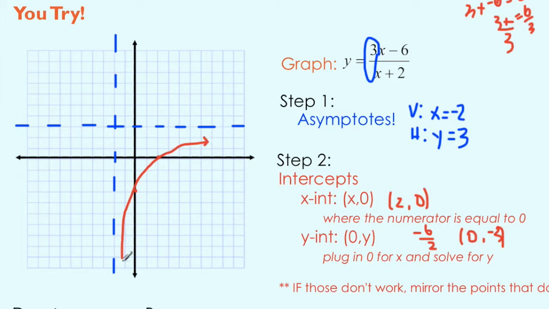The way that I think about mirroring this is counting how far away from the center of the asymptotes, or the intersection of asymptotes, this is. So I'll start with the x-intercept. We go 1, 2, 3, 4, and up 1, 2, 3, to get there.